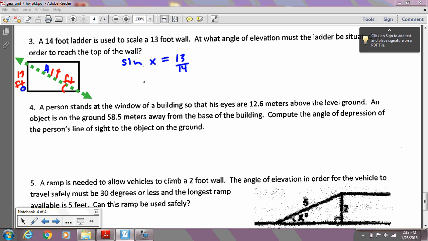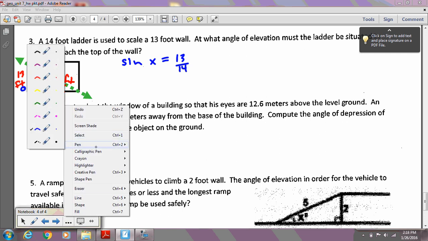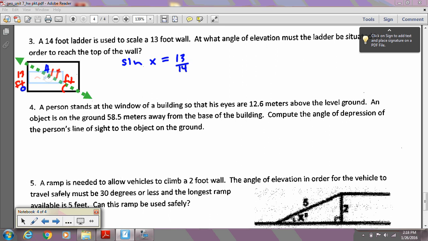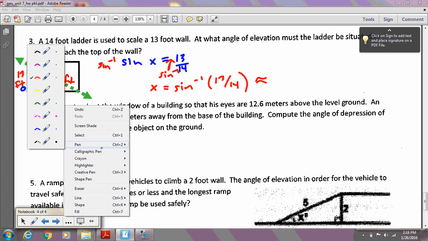So since I'm looking for the angle, I must use sine inverse and apply it to both sides. So x is going to equal sine inverse of 13 over 14. And now grab your calculator and make sure you hit sine inverse this time and not sine.